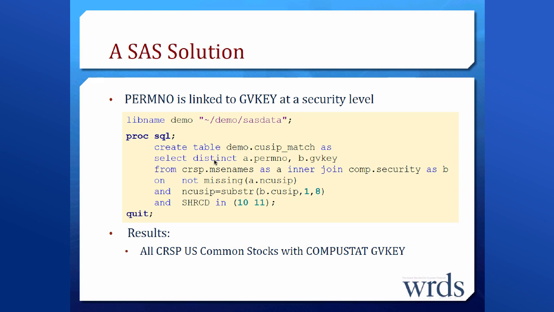terminal and from CRISP data, and GV key from Compustat data, and I use the table called MSE names from the CRISP annual file, and I get the GV key from the Compustat security table.